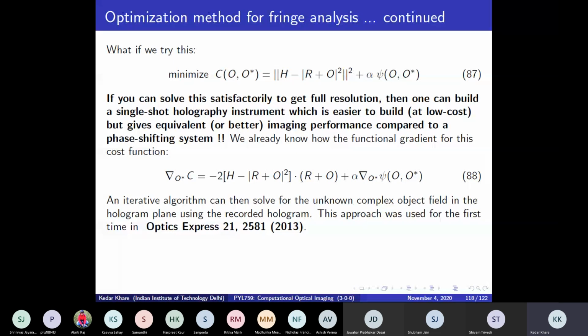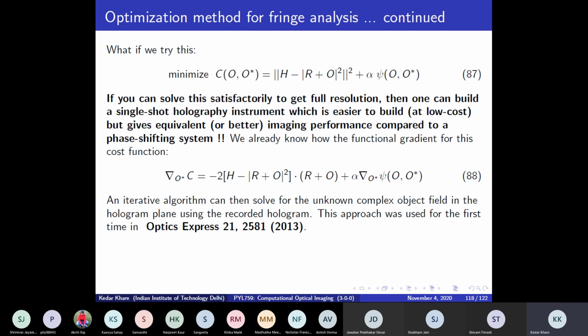But now, when we add the constraint, suddenly your solution will have characteristics that are modeled in the constraint. Okay. So in that case, we will not have this problem.